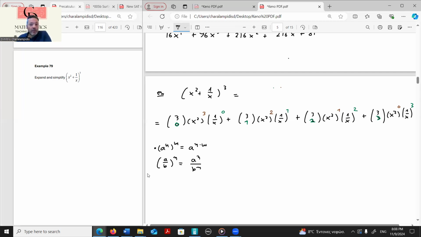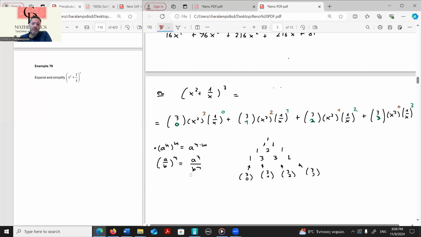Also, I need the combinatorial numbers of 3, so I'll quickly do the Pascal's triangle up until I reach the line that includes 3. This is 3 choose 0. This is 3 choose 1. This is 3 choose 2. And this is 3 choose 3.